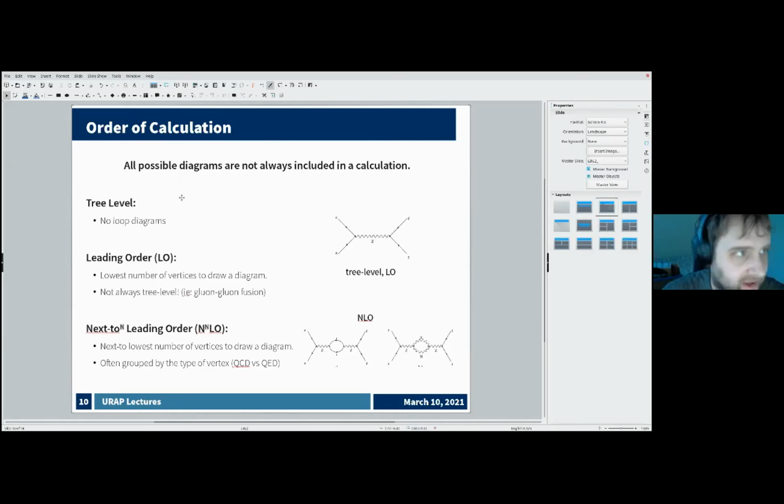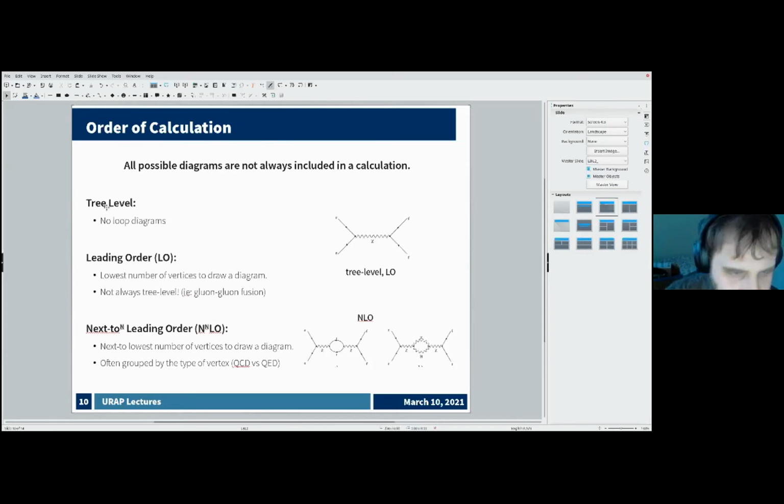In theory, you have an infinite number of diagrams, and if you were to calculate them all, that would take a lot of resources, especially if they contain loops, which are very difficult to calculate. And so for that reason, you have different orders of calculation, with different accuracies.